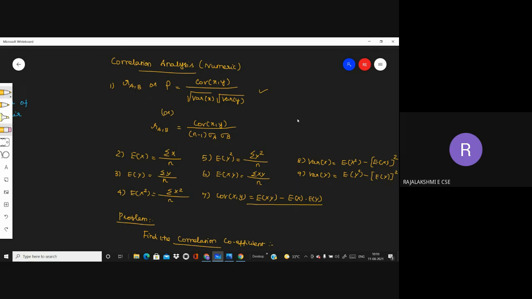E of x is the summation of x by n. இது என்னது? Mean. Yes or no? Standard mean you will be taking. And E of y is the mean of y. And E of xy is the mean of x into y. And variance can be given using the formula E of x square minus E of x the whole square. Similarly, variance of y is given as E of y square minus E of y the whole square. இப்படி நம்ம எடுத்துக்கலாம்.